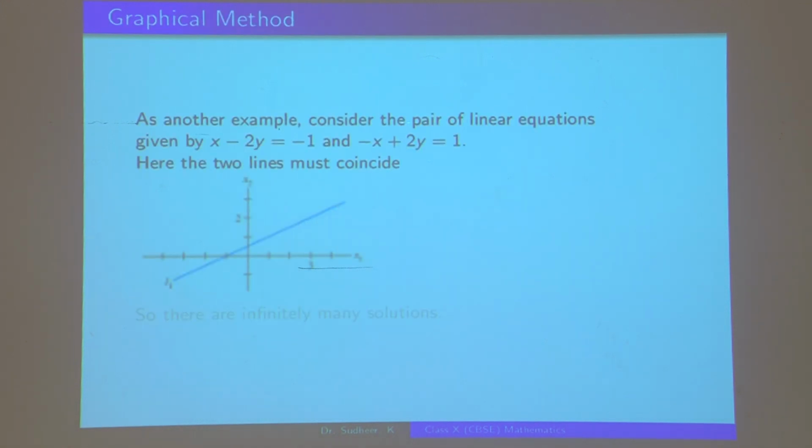Now, consider another example, and the equations are x minus 2y equal to minus 1 and minus x plus 2y equal to 1. Here, the two lines must coincide. So, you draw the graph. It is a simple task for you to draw the graph of these two equations. You will get the two straight lines are one and the same.